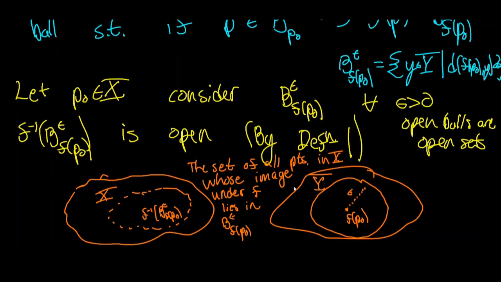I'm starting to run out of room here, so I'm going to go to a new page. My first claim is the following. I claim that p naught is in the inverse image of the open ball centered at f of p naught and radius epsilon. It might seem obvious, but it's nice to assure ourselves that this is true.